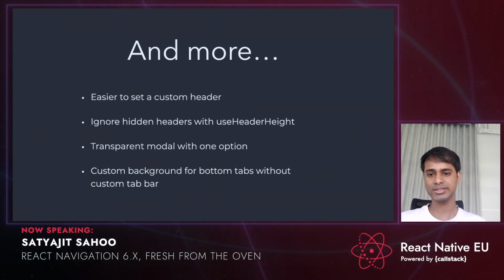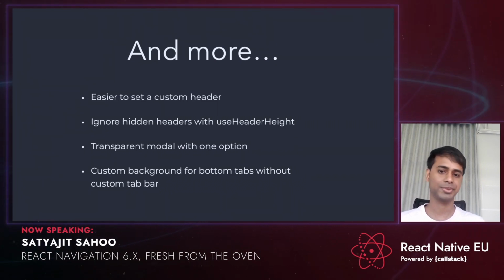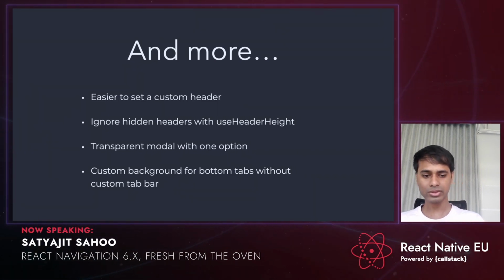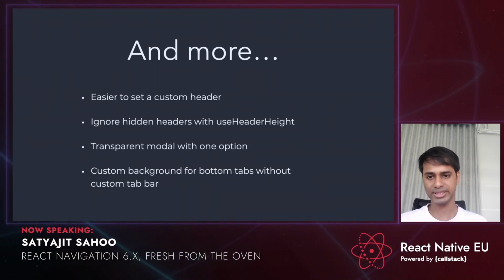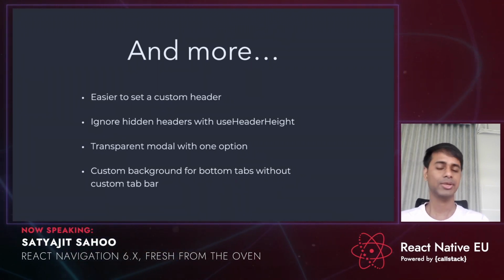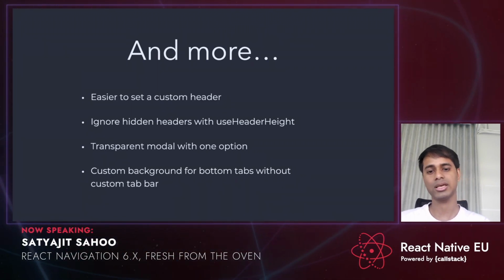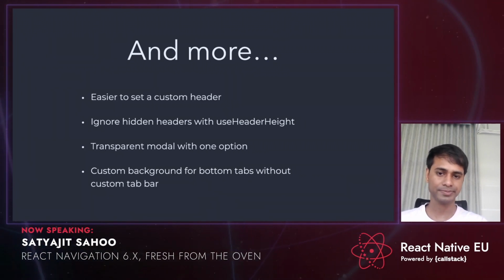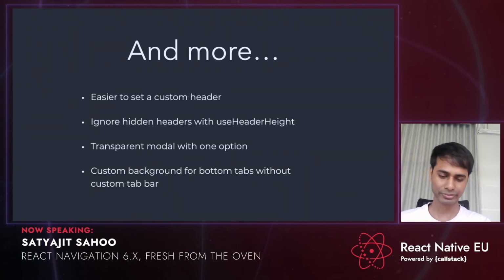So in React Navigation 6, we moved headerMode to screenOptions. And since we did that, we are able to automatically set it when you specify a custom header. So now it will default to screen when you have a custom header. You can always change it to float if you need it, but the default will be screen when you're using a custom header.